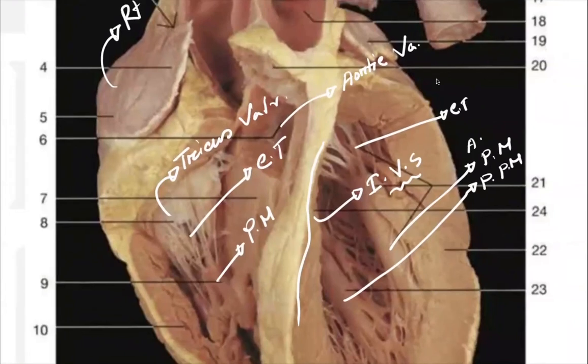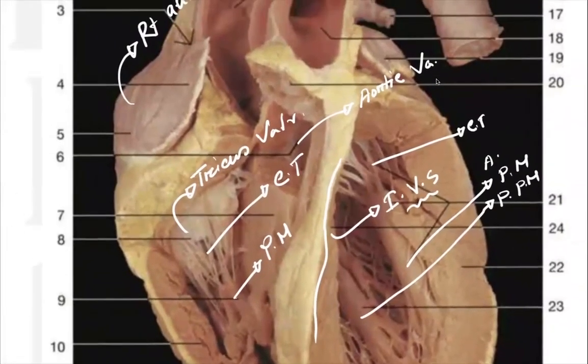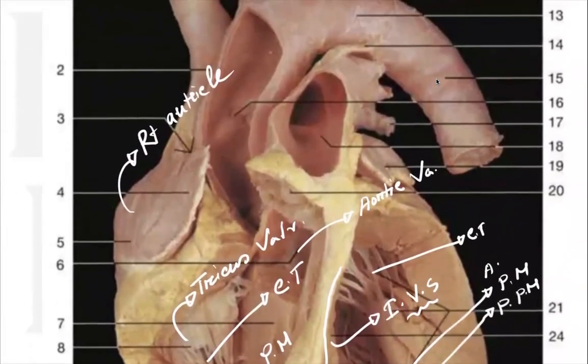All right, next, what we have to know, let's try to look up. This is number 16, a very simple thing, the ascending aorta. And also you have to know about this: this is the pulmonary trunk.